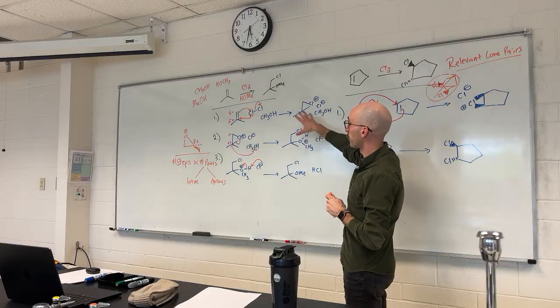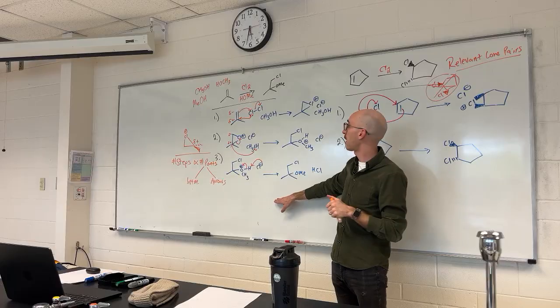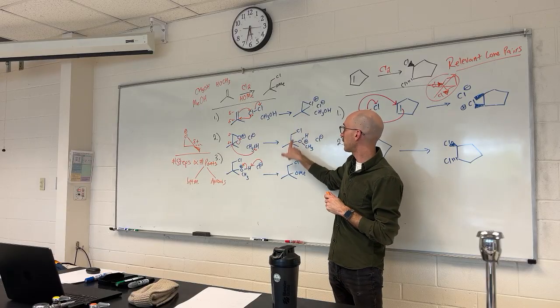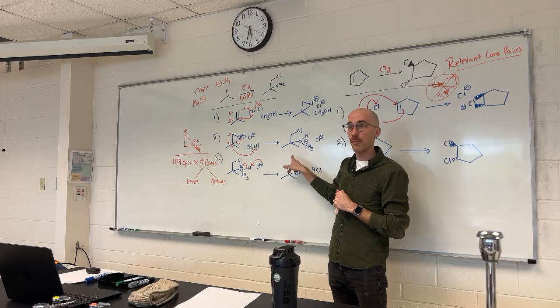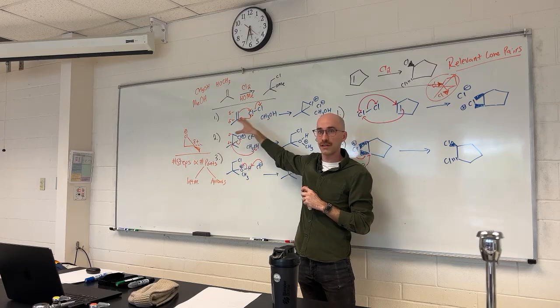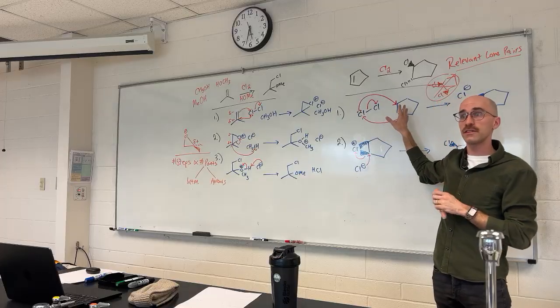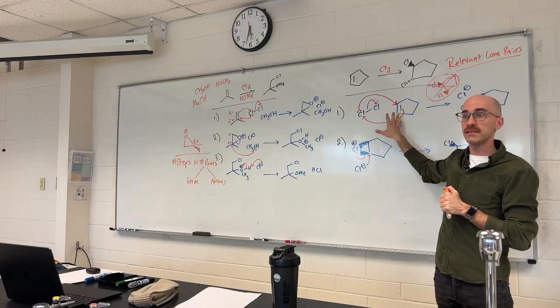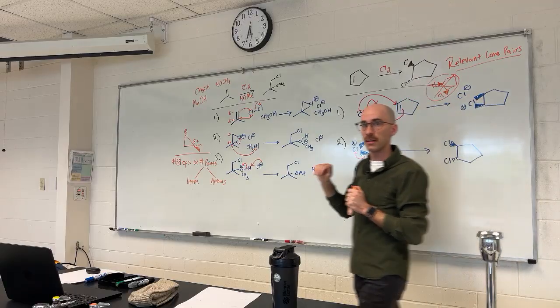Okay, so for example, this is a 3-step mechanism. So I could give this 3 points. That means there would be a 1.5 for drawing your intermediates and a 1.5 for all of the arrows that you need to have. This is a 2-step mechanism. I could give this 4 points. That means that you'd have 2 points for all of your intermediates, 2 points for all of your arrows.